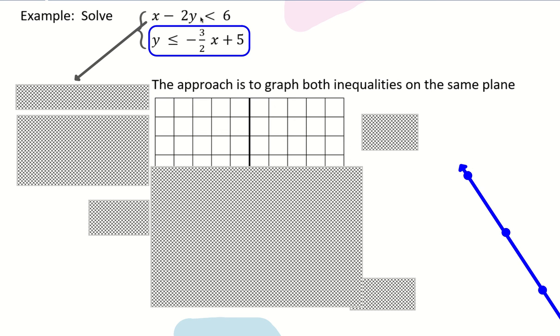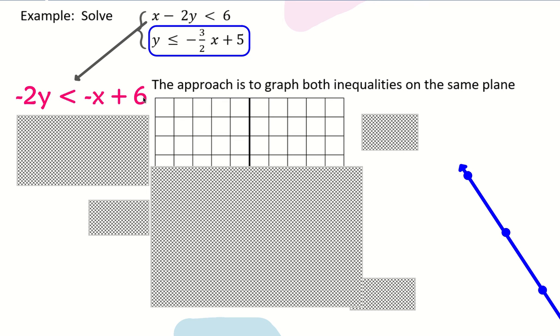But this other one, x minus 2y is less than 6, first you have to put this in slope-intercept form. The first thing I'm doing is subtracting x from both sides, moving that x to the other side.